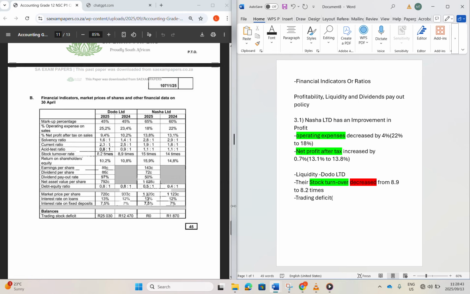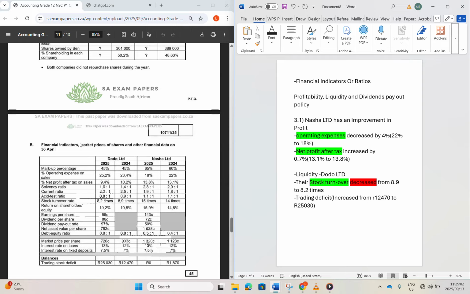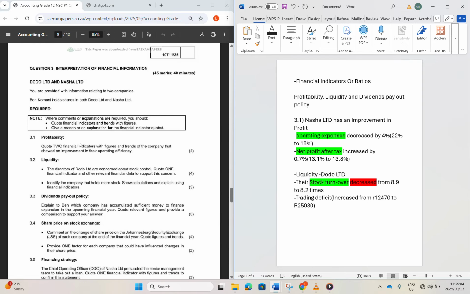So the deficit increased from 12,470 to 25,030, which is a concern to our directors. So let's go to the question. It wants quote one and other relevant financial data. I did that, so I think we are done with this one.